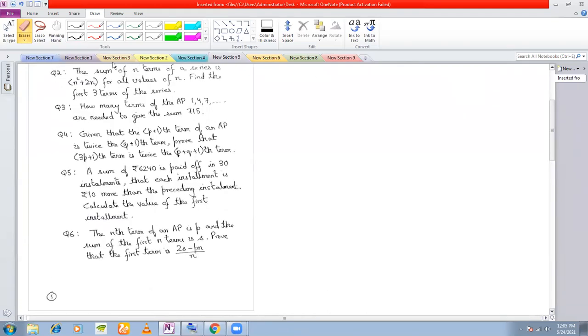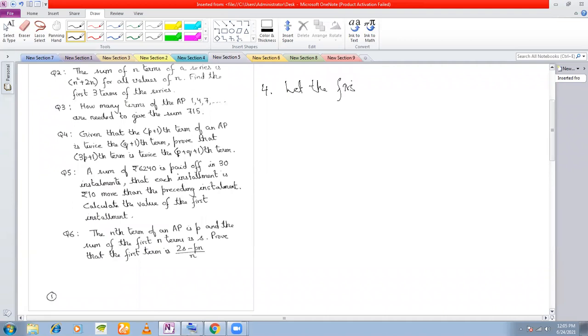Number 4. The question here is: given that the p plus 1th term of an AP is twice the q plus 1th term. Let the first term be a1 and the common difference be d.